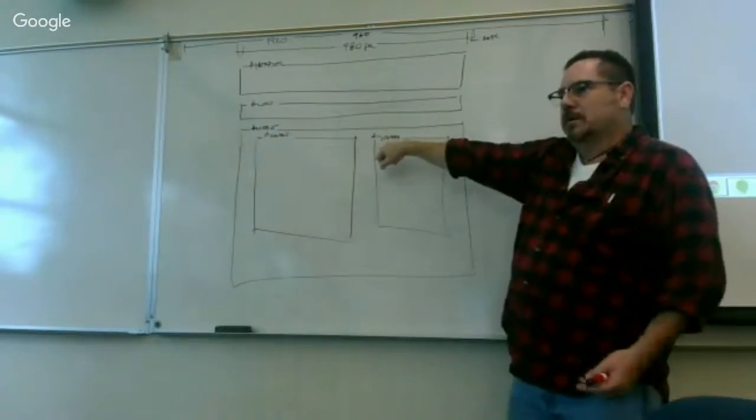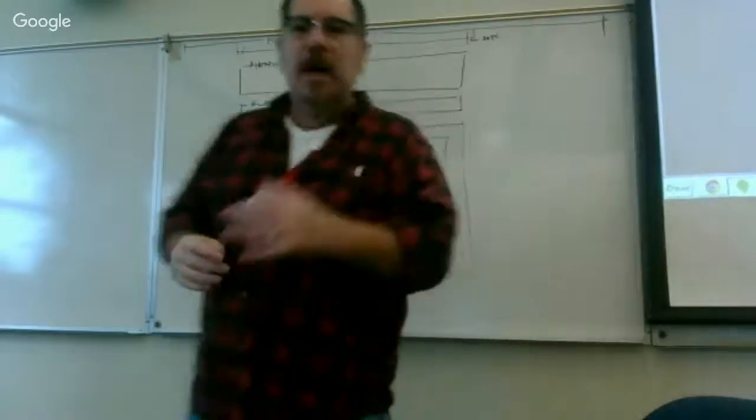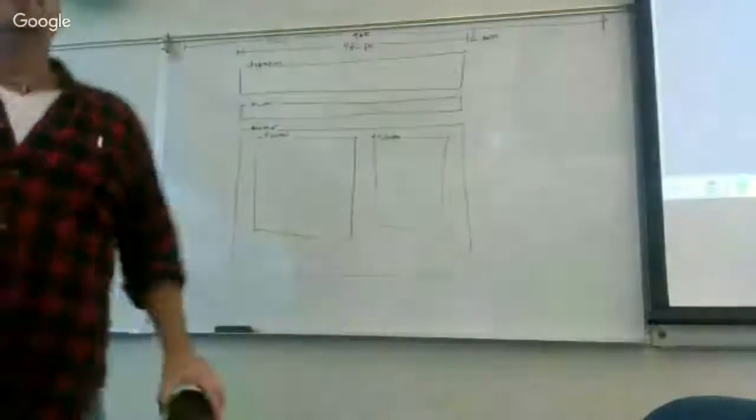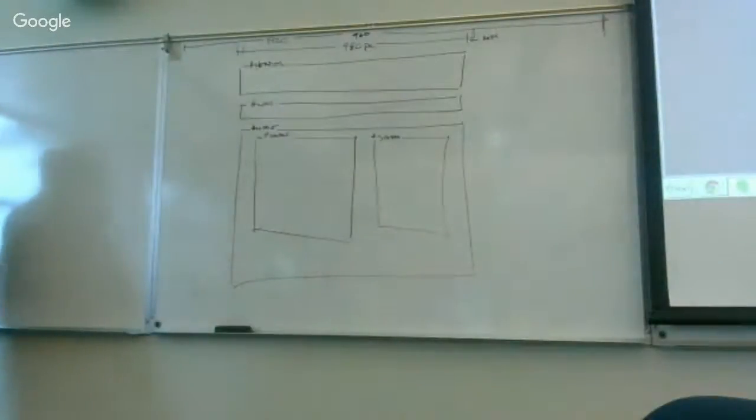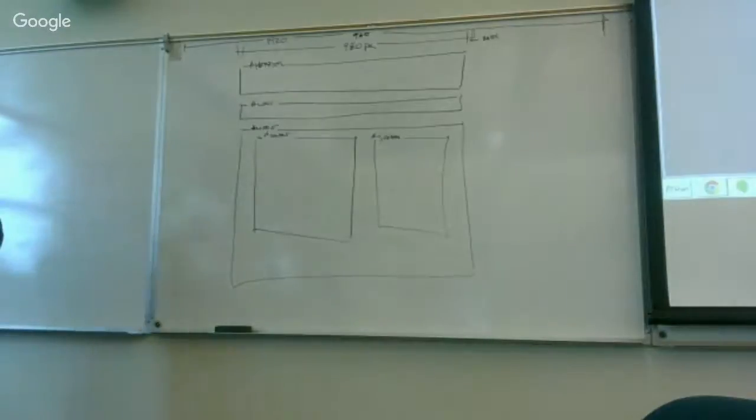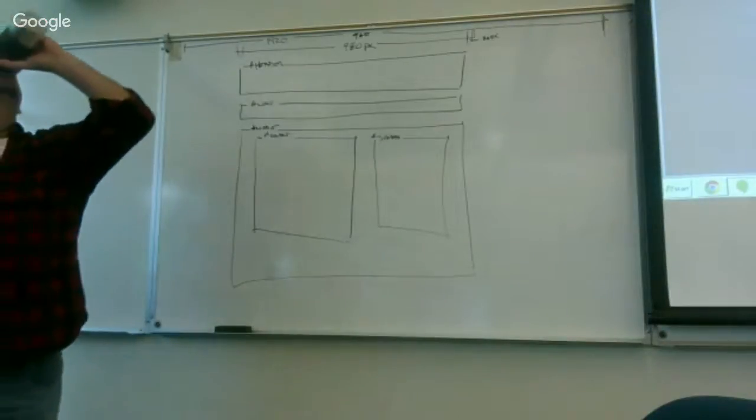sidebar. Whatever, different labels. I really wish I would have gone with this labeling system consistently through HCD 532. I blew it, and you'll see what I'm talking about. Why is middle better than content? Why do you wish you'd said that?